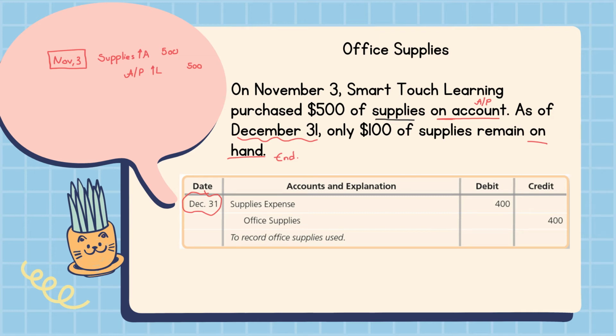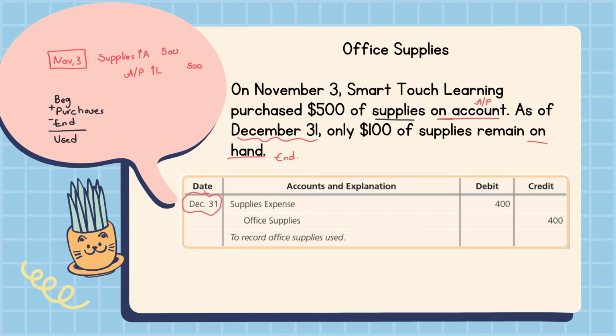Okay, so what shall we do? We're gonna have a formula for that, which is beginning balance for supplies. I'm gonna increase it by the amount purchased. Then I'm gonna subtract the ending balance, the remaining supplies, to get the used amount or the incurred.